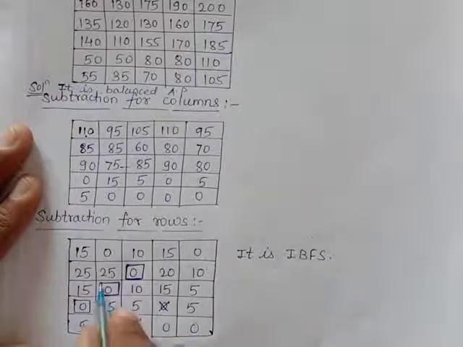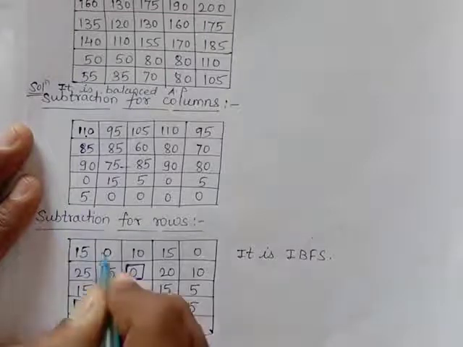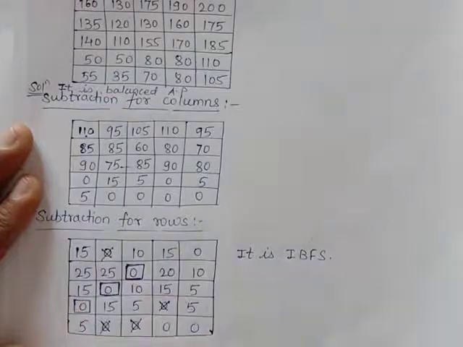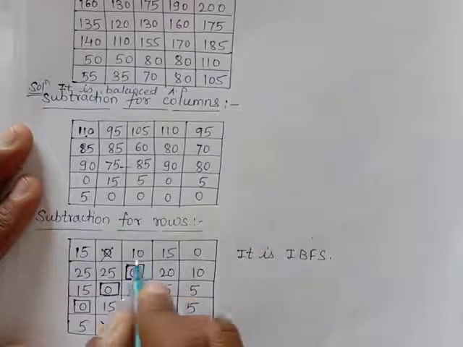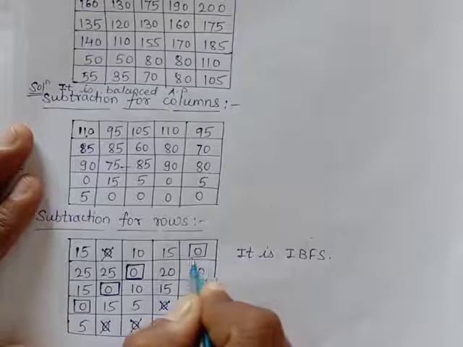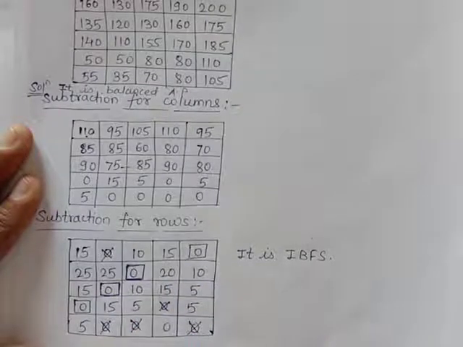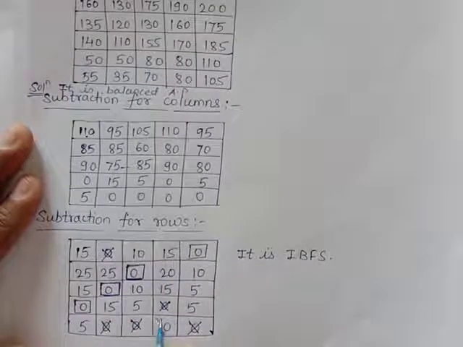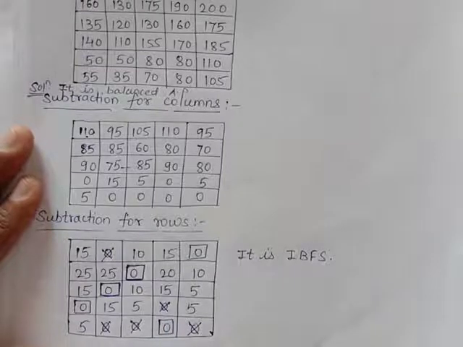Sorry, one more thing. When we covered this one, we crossed it. We should cross this one also. Okay. Due to that, in the first row there is a single 0, so I can cross this one also, and here a single 0 is left, so I can assign this.